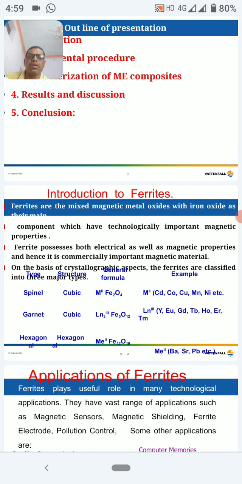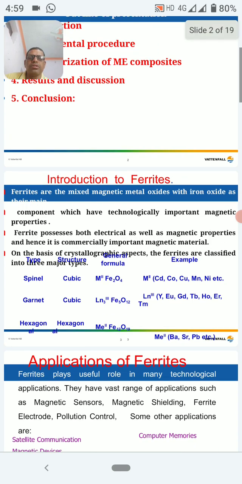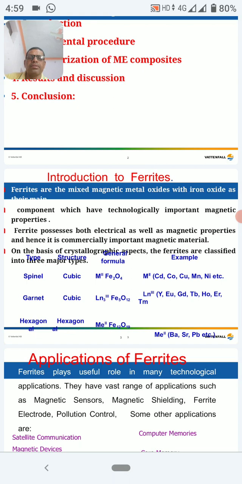The general formulas for the spinel ferrites, garnet ferrites and hexagonal ferrites are given here. M is the metal ion, a divalent metal ion, with Fe2O4, which is a spinel ferrite.